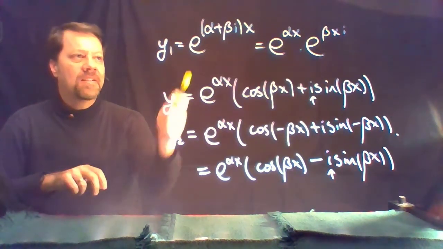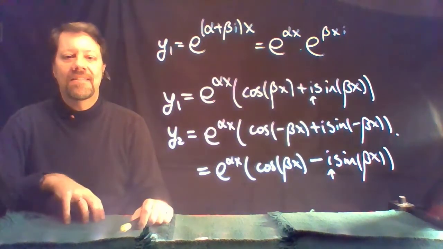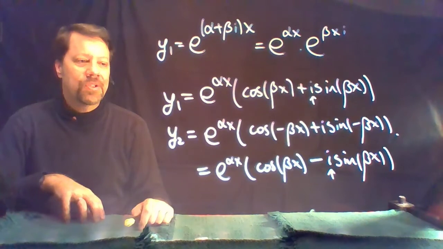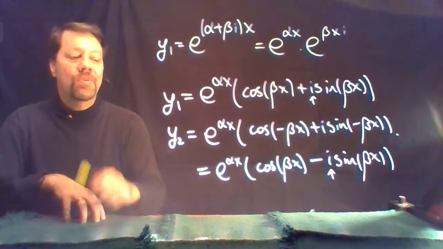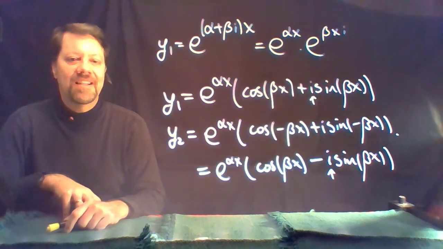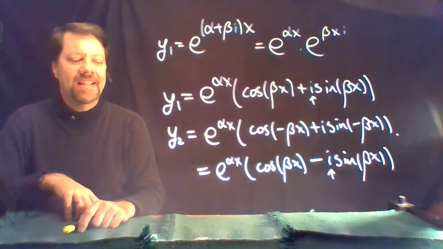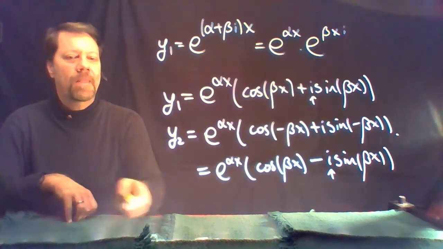We know that if the characteristic values are distinct, then you get linearly independent solutions. So y1 and y2 must be linearly independent, but they suffer a nasty defect of being complex valued. We're going to see if we can remedy that by finding linear combinations of these.